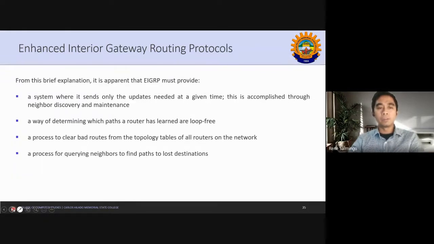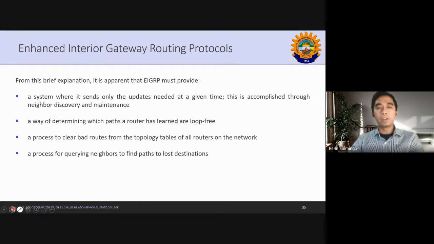From this brief explanation, it is apparent that EIGRP must provide a system where it sends only the updates needed at a given time. This is accomplished through neighbor discovery and maintenance. It also needs a way of determining which paths a router has learned are loop-free, and a process to clear bad routes from the topology tables of all routers on the network.